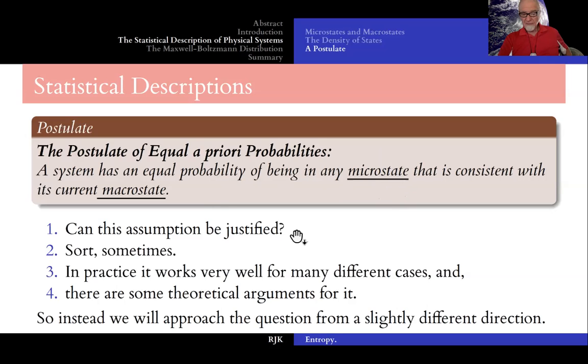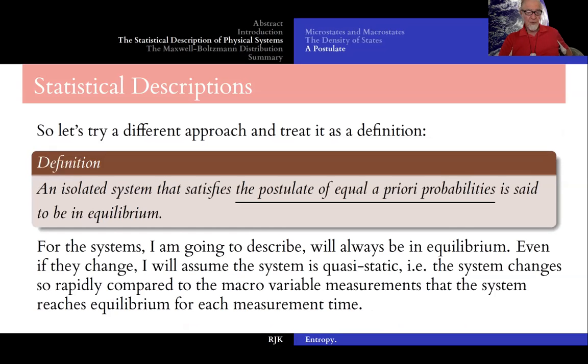Can the assumption be justified? Well, sort of, sometimes. In practice, it works very well for many different cases. There are some theoretical arguments for it, but we're just simply going to make it as a postulate, that is an assumption. We could look at it a different way.